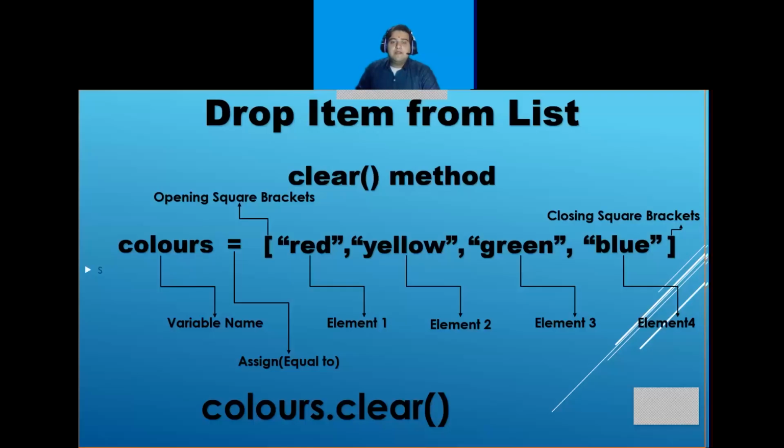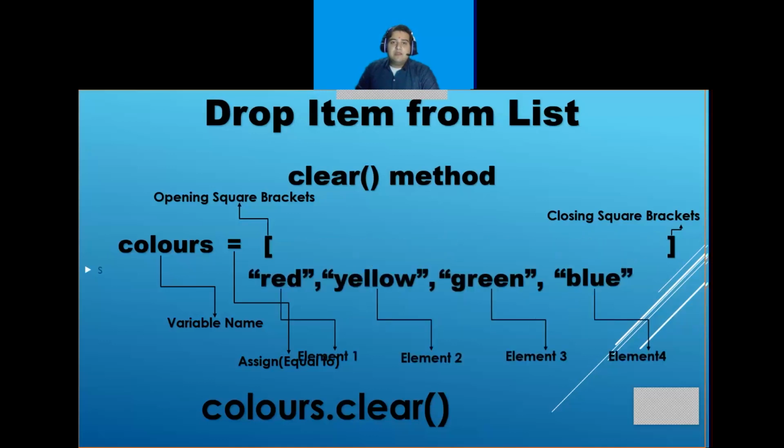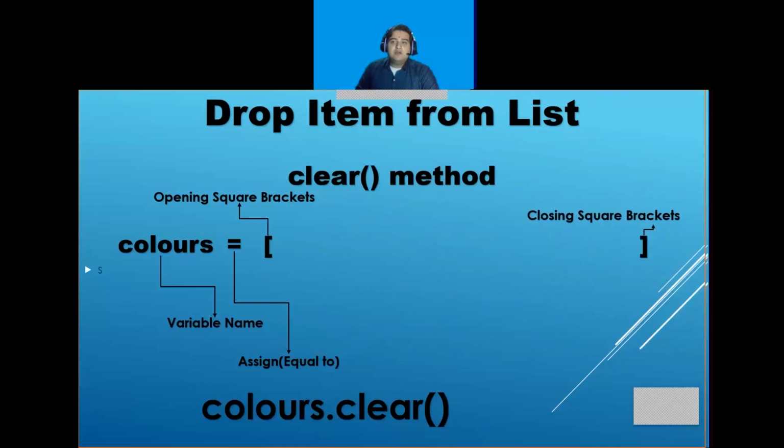The clear method is used to empty the whole list. So here, if I want to empty my colors list, I will write colors, where colors is my variable, dot clear, which is the method name, and it will remove all the elements from the list.